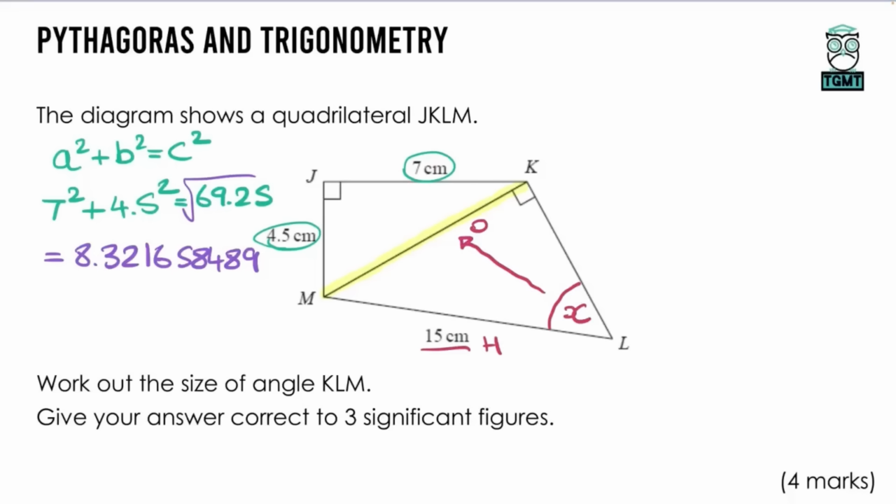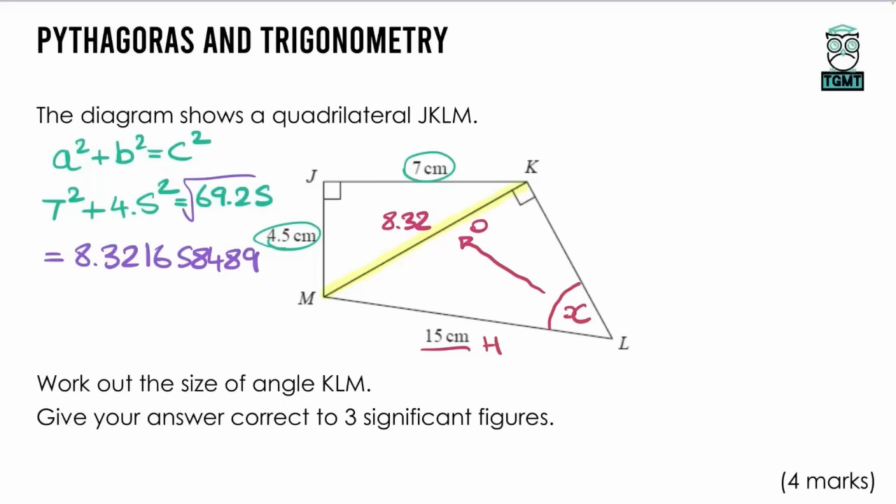Now I could probably do it to 5 significant figures and it's not going to mess up my answer. However, I'm just going to leave that number in my calculator, and then when I come to use it in a second, I'll use my answer button just to put that number into my next working out. So I'm going to label it as 8.32 here. However, I am going to use the full number.